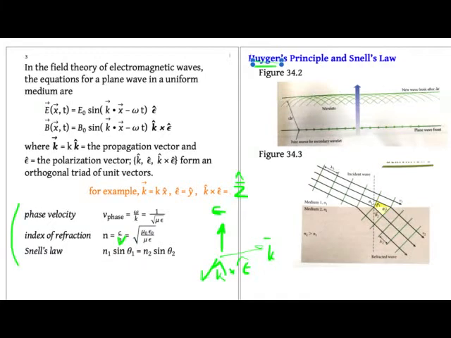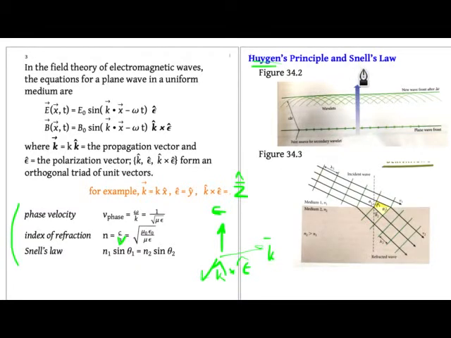And then the new wave, after some time delta t, will be propagated in the x direction, and it'll be a new planar wavefront. That's Huygens' principle. That's how Huygens viewed the propagation of waves.